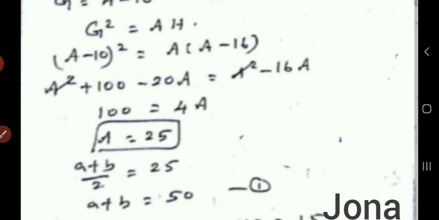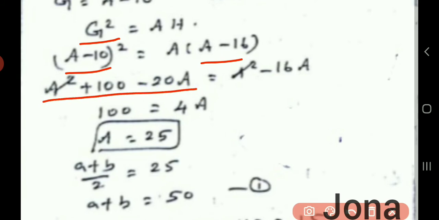Now we have the formula G square equal to A into H. G is A minus 10, the whole square, equal to A into H, which is A minus 16. We can expand this using the formula a square minus 2ab plus b square, and multiply to remove the bracket.